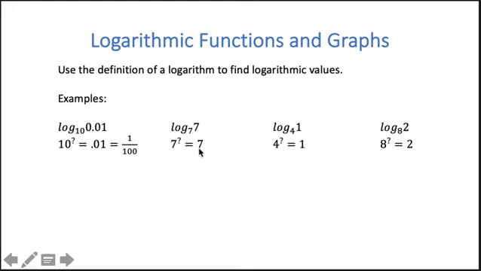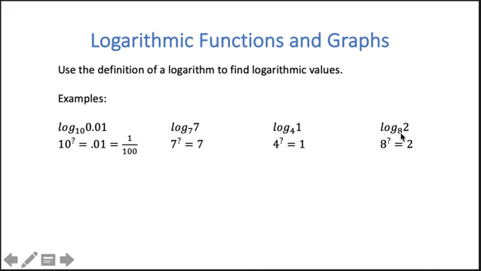7 to what power is going to be equal to 7? Well, I ended up with the same number. Seems like this should be 1. 4 to what power equals 1? This is a little tricky, but think about that. 4 to what power is going to give me 1? Well, that's looking like 0, because anything raised to the 0 power is equal to 1.